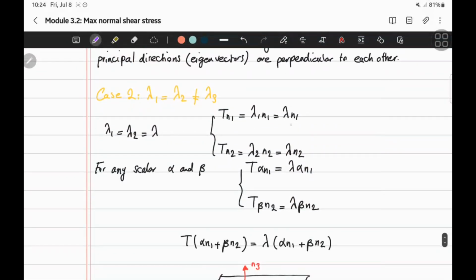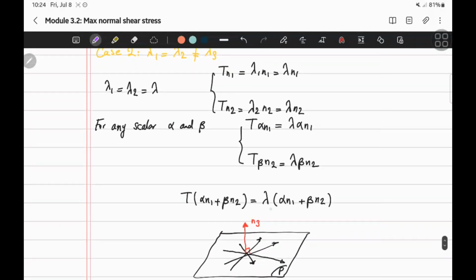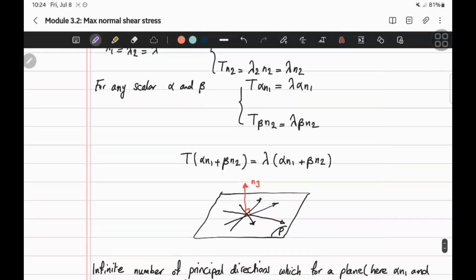So I already mentioned and proved that this corresponds to alpha N1 plus beta N2. So it's like alpha E1 plus beta E2 in here. For example, these two can create any kind of right hand basis like E1 and E2.